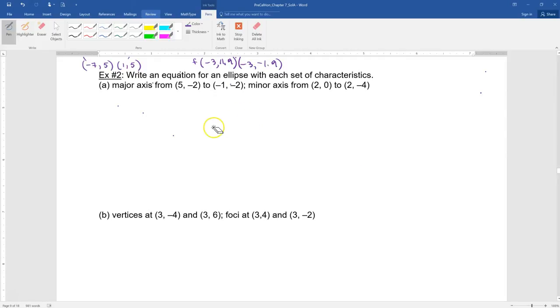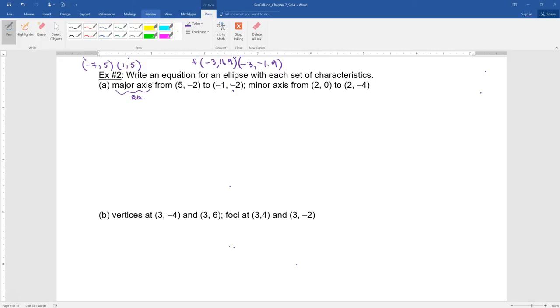Okay. So here's what we're going to do. The major axis gives you your a. The major axis has a distance of 2a, and it goes from 5, negative 2 to negative 1, negative 2. Now, if the y is staying the same and the x is changing, that means this is a horizontal one.